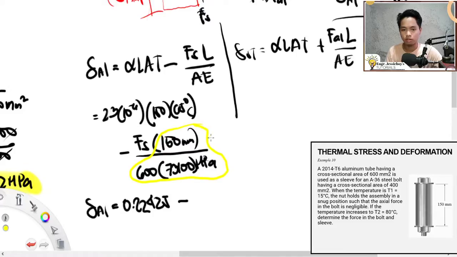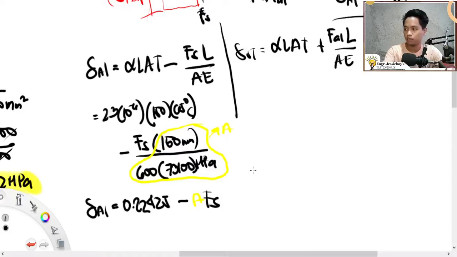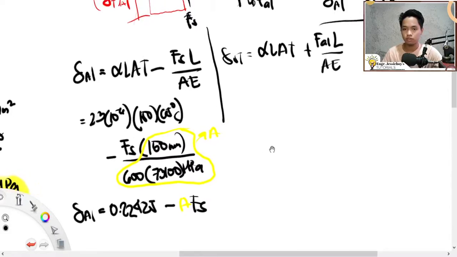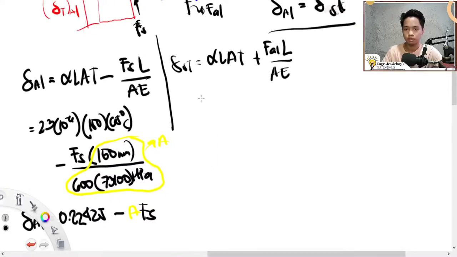I'll just be storing these values, at ako siya i-store ni A. So that would be A, then Fs. Okay, nahuman na sa ato ang aluminum. Now, let's try to solve your steel. So, due to your alpha, that is 12 times 10 to the negative 6 multiplied by 150 nga length.